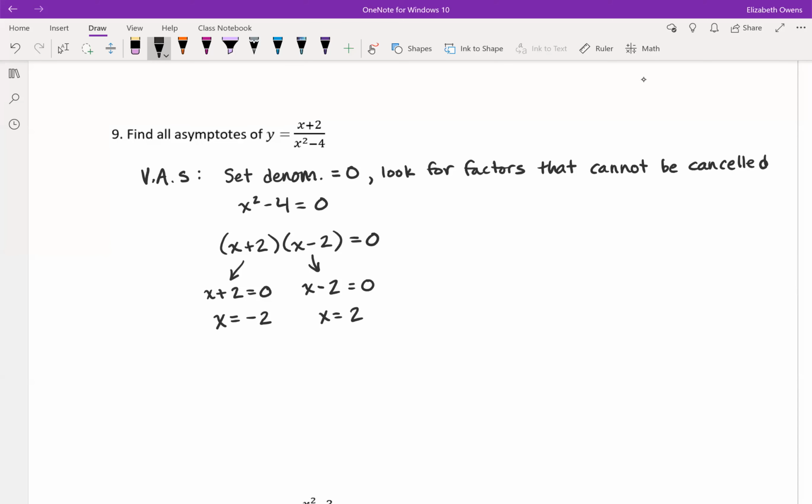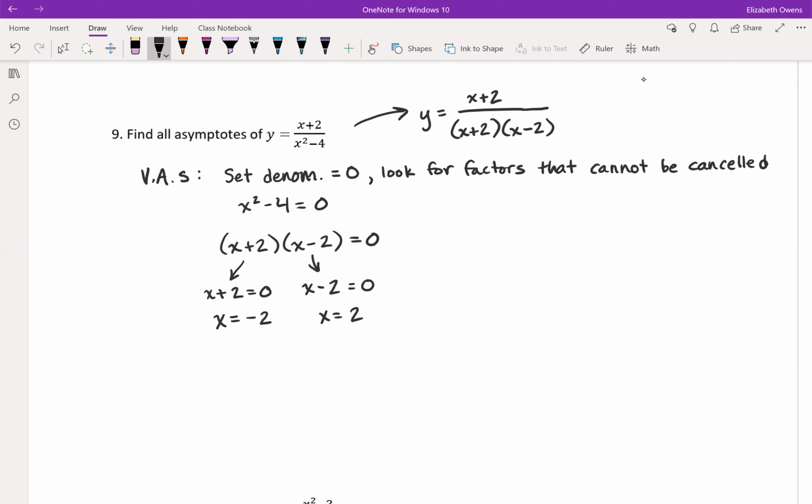Okay, so we need to check on these and see which one of those factors could be canceled out and which could not. Now, in some cases, neither factor will be able to be canceled, and they're both vertical asymptotes, and that's fine. In this case, one of these factors can be canceled, you might notice. x plus 2 could be canceled out when we factor.